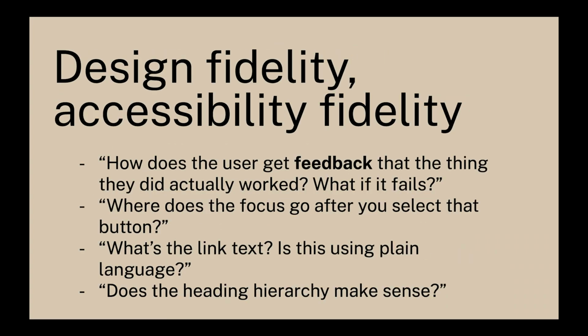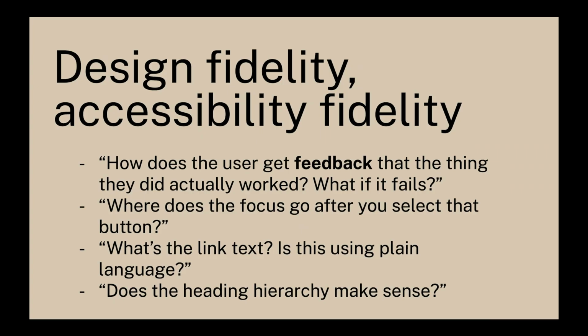So as the design fidelity increases, as you move towards higher fidelity mockups, wireframes, prototypes, whatever, the questions that we ask about accessibility should get more specific as well. So these are some example questions that we might ask as we iterate on our visual designs. So we may look at a design and say, okay, we've got a button on this page.